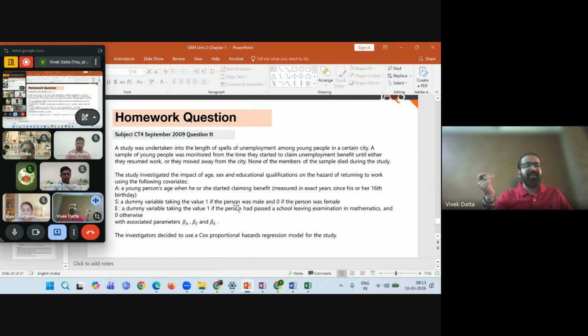That means while it is reducing my hazard, a male is likely to stay unemployed longer than the female. Understood? Because here the hazard is resuming work, getting out of unemployment.